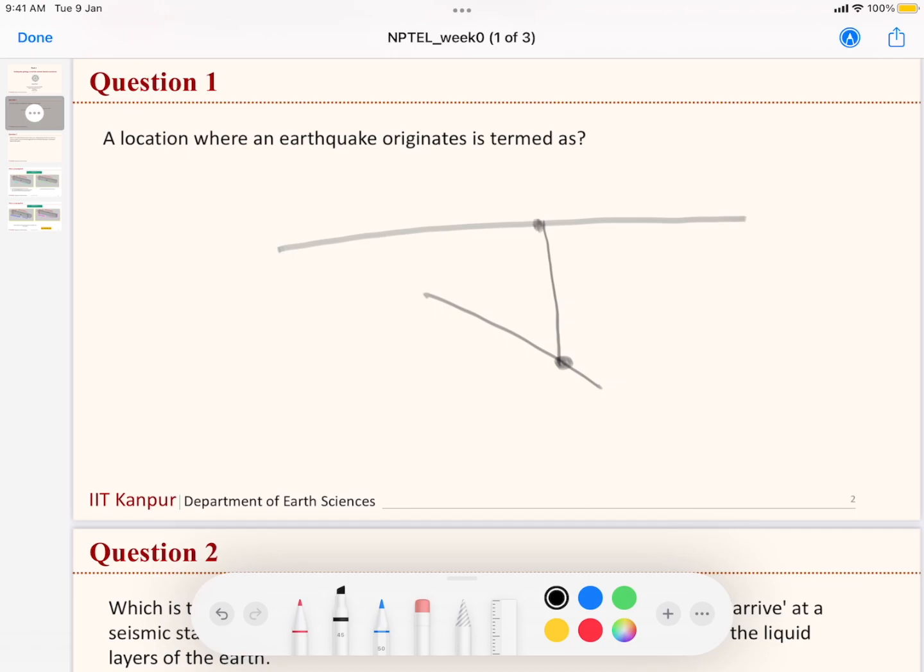And suppose our recording station, or the place where the seismogram is installed, is over here. So if I name all the points that I have marked, the point where the earthquake occurred is called the hypocenter.